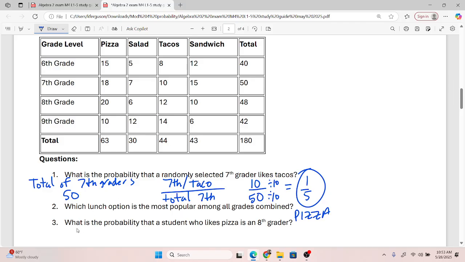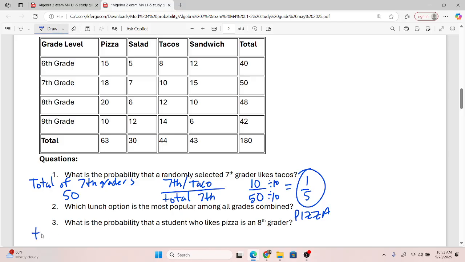All right, so next, what is the probability that a student who likes pizza is an eighth grader? So the stuff that we're picking out of now is the students who like pizza. So that's the total I got to look at. So I'm looking at the total of folks who like pizza because that's what I'm picking from.